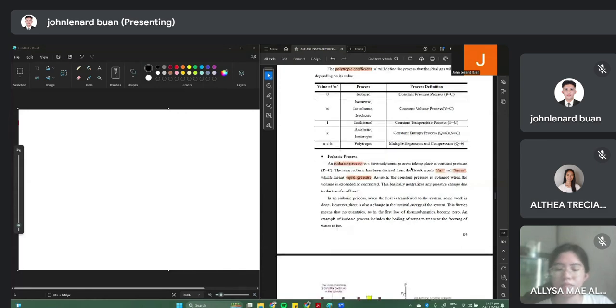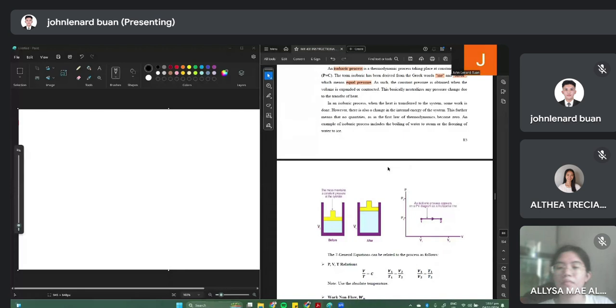All right? Yan. So we have here an image of a piston cylinder device, and you also have here a PV diagram. Sabi dito, at constant pressure, the mass maintains a constant pressure in the cylinder.